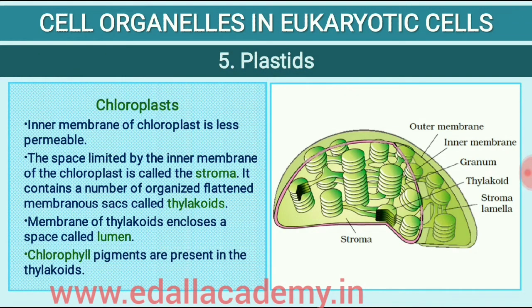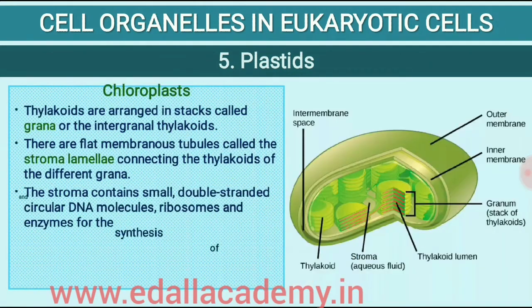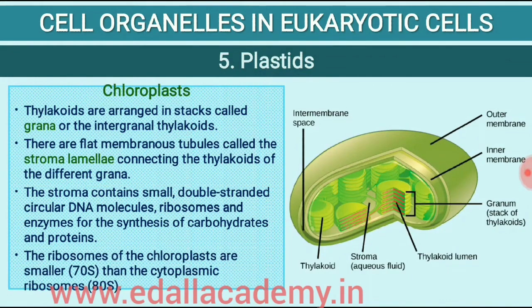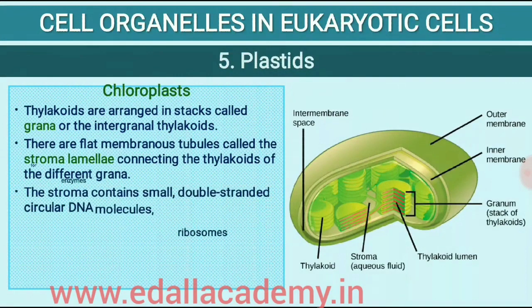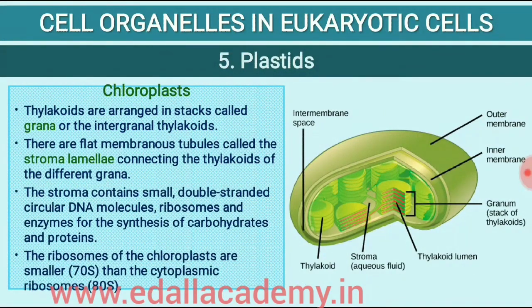A number of organized flattened membranous sacs called the thylakoids are present in the stroma. Thylakoids are arranged in stacks like the piles of coins called grana (singular: granum), or the intergranal thylakoids. In addition, there are flat membranous tubules called the stroma lamellae connecting the thylakoids of the different grana. The membrane of the thylakoids enclose a space called a lumen.